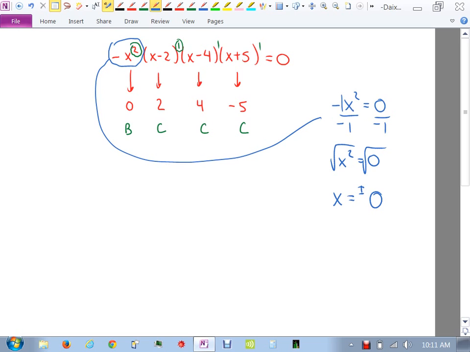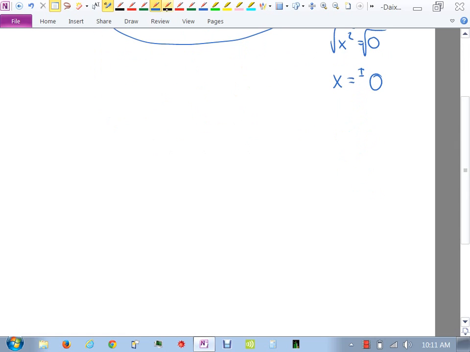All right, let's draw the graph. Did I answer your question? I start by putting what here? X-intercepts, right? 0, 2, 4, negative 5.